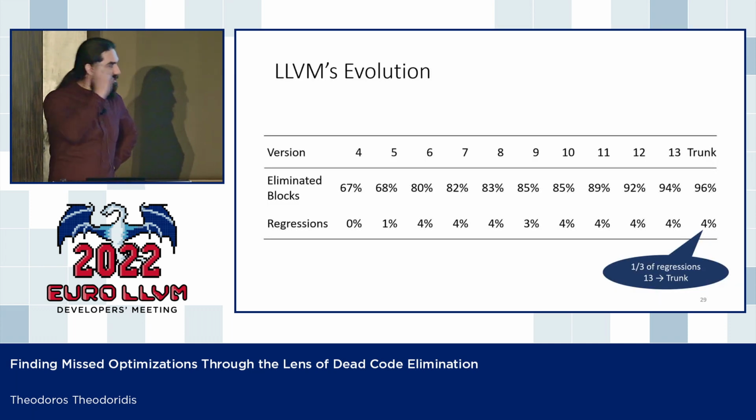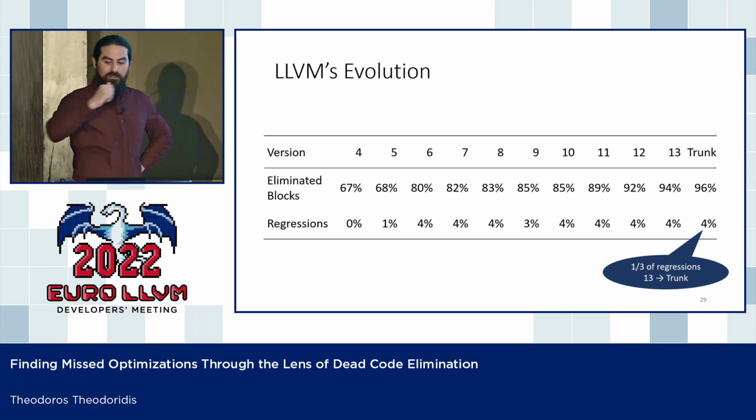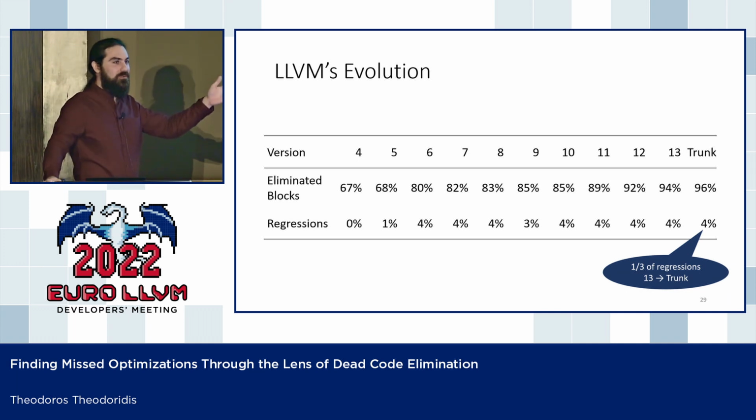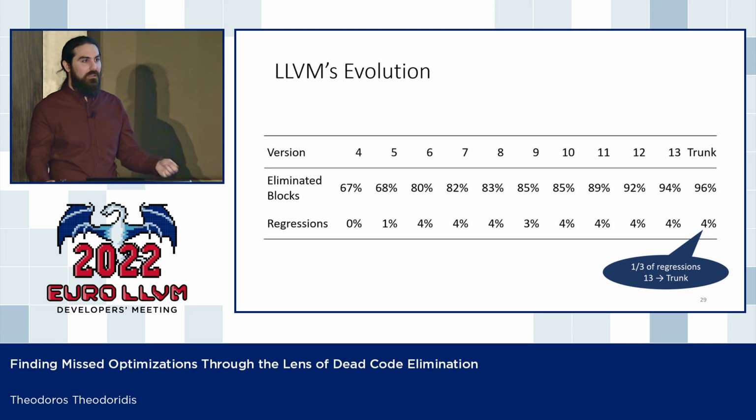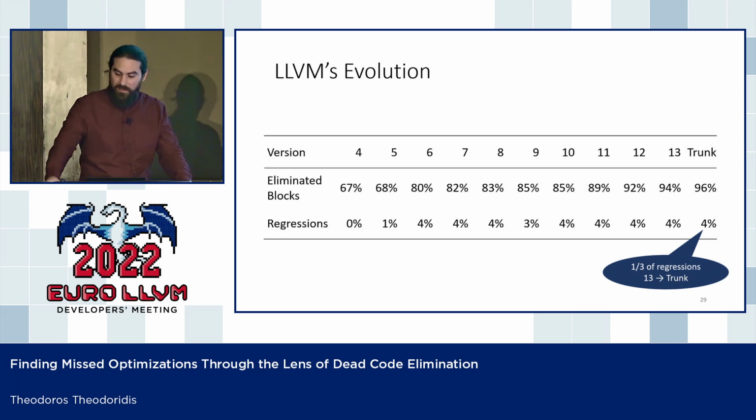Yes. For example, for these numbers, what we have here is we filtered out all of these test cases to generate these percentages. That's one example. The problem is that there are definitely cases where no compiler at any version or optimization level can eliminate this piece of dead code. But what is very difficult to judge is whether this is just some missed case that nobody has thought about, or it's something that is inherently difficult.